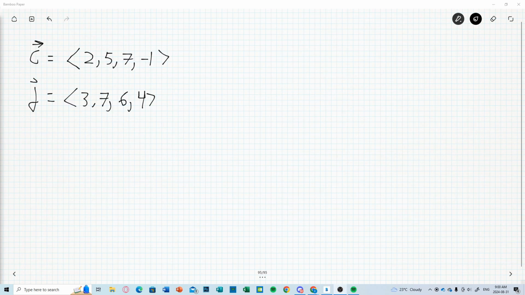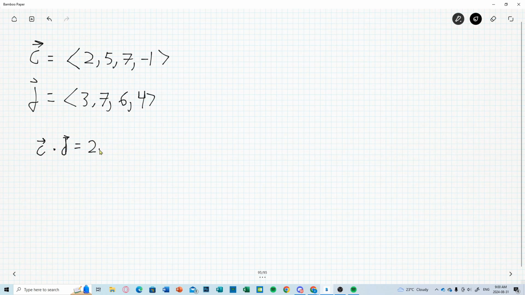Alright, we have another question, which is our vector C, 2, 5, 6, and -1, and our vector D, which is 3, 7, 7, and 4. We're going to do the same thing. We write out C dot D, put the vector symbol on top, and go in order.